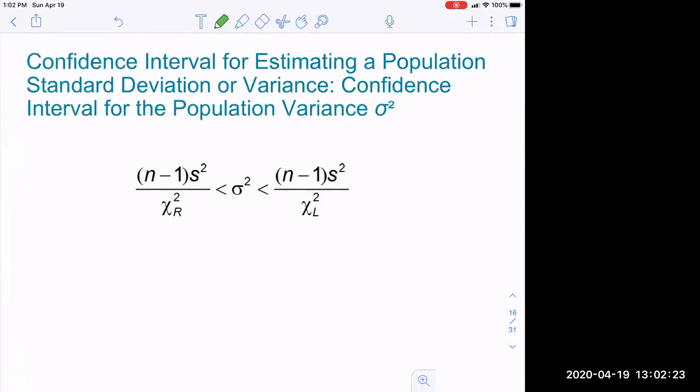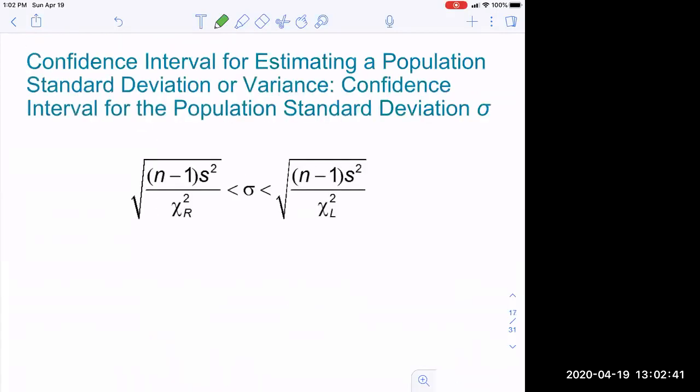Here's our formula. Notice what we just found: chi-squared left and chi-squared right. We know n, and we're given the standard deviation from the data. This captures the variance. If we want the standard deviation, we take the square root.